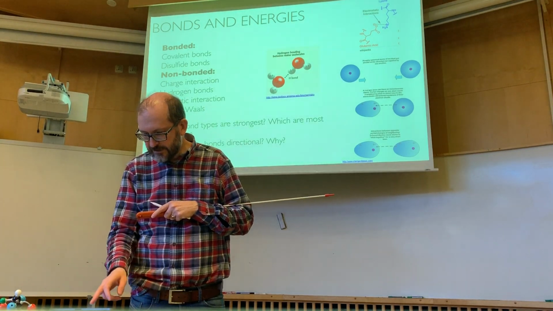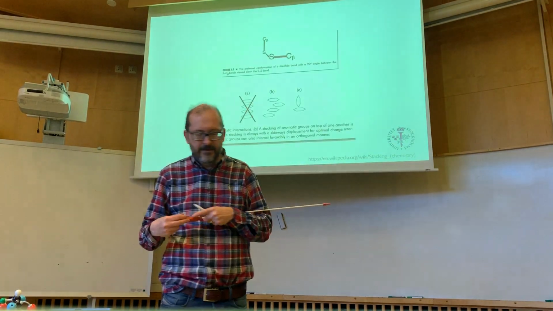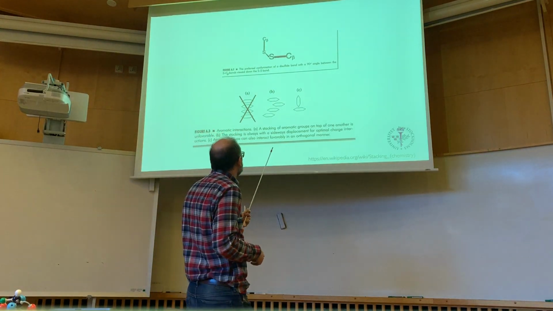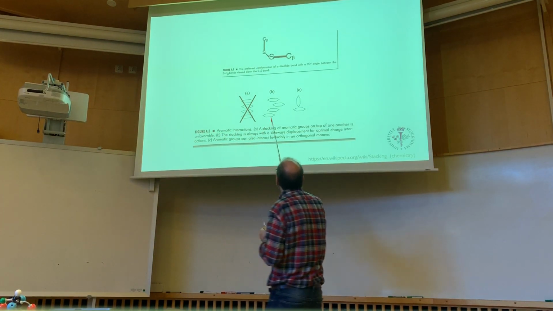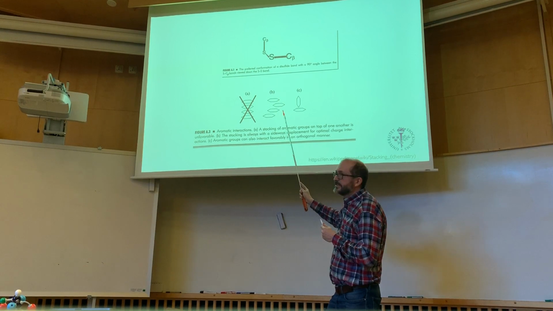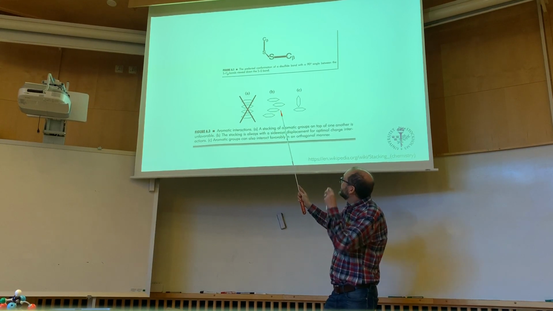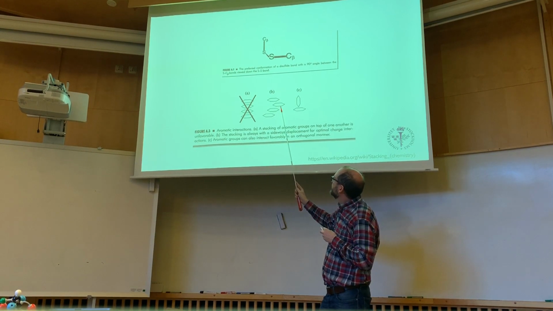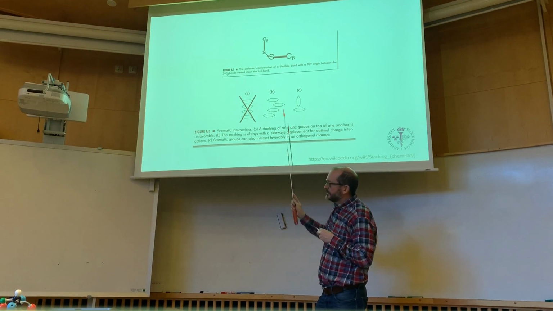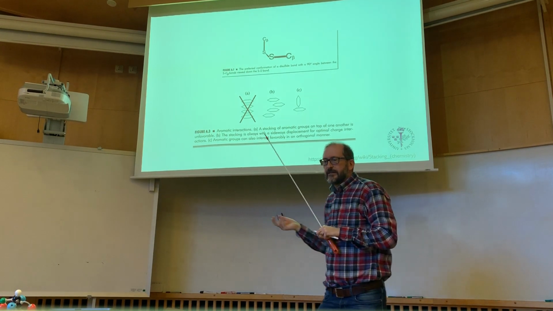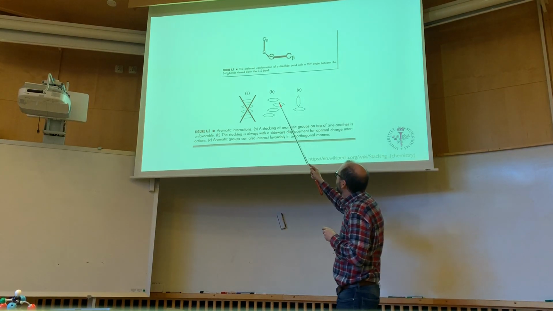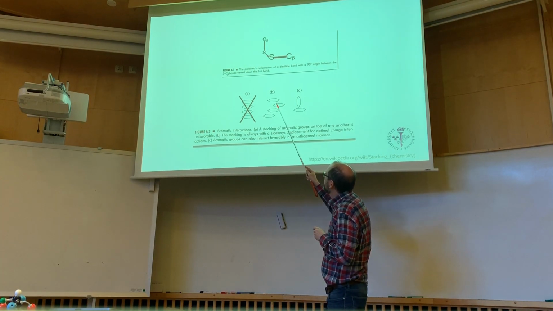Okay, and then there's the aromatic interaction. Most of the time we're going to see this sort of offset stacking. What we're looking at here is usually some cyclic group, which is going to be enriched in electrons in the middle.